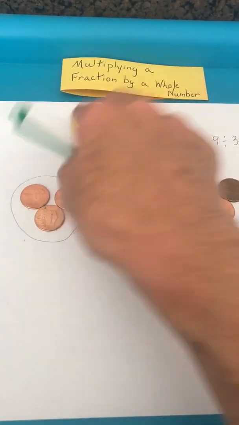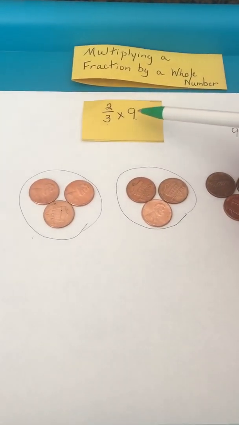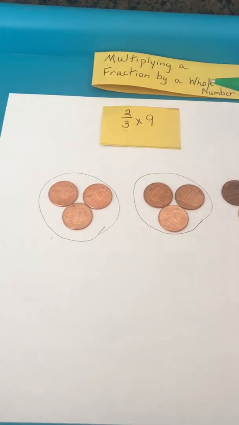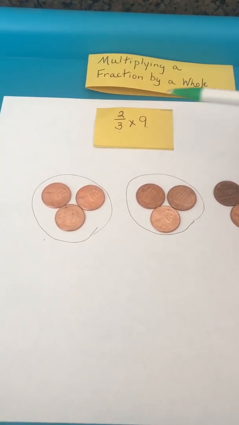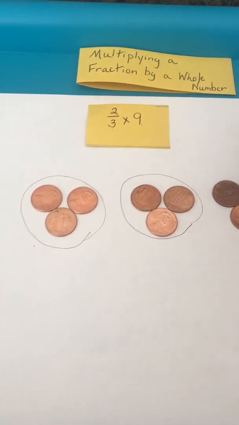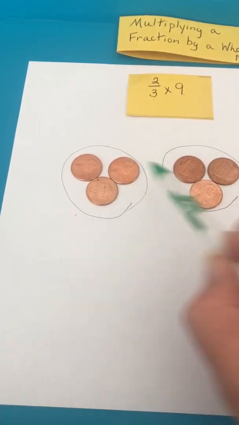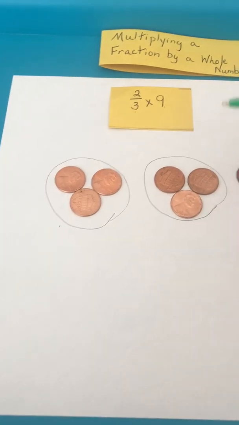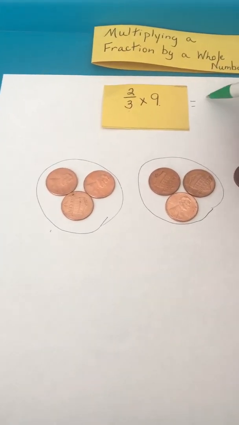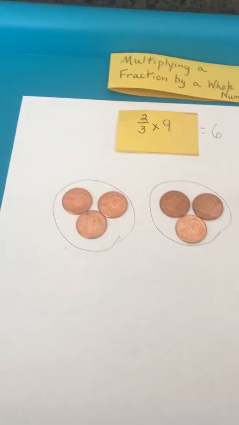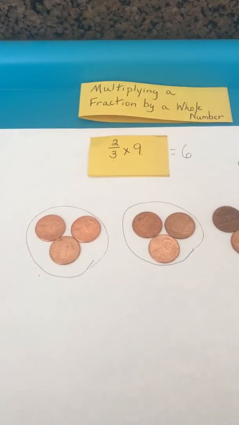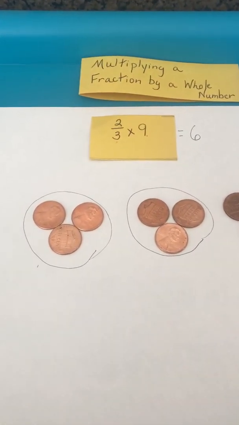So if I take a look at my problem, if I have $9 and I owe my parents 2/3 of that money, then I'm going to give my parents 1, 2, 3, 4, 5, 6. I would owe them $6 if you were thinking of that as owing them money.